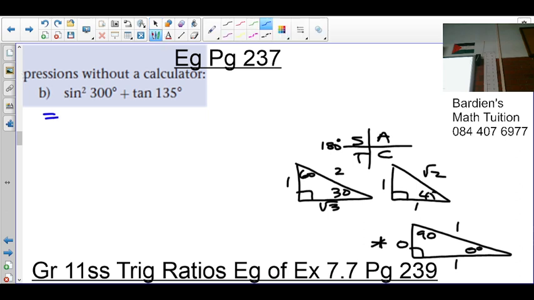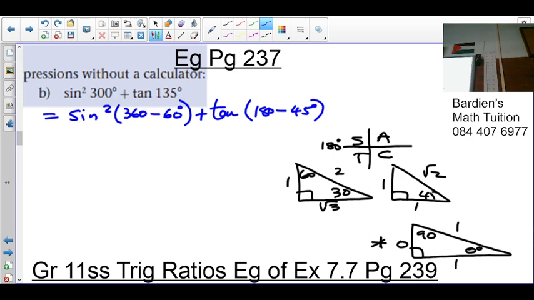How do we get in the fourth quadrant? 360 minus 60 degrees plus 315 is in which quadrant? 135, sorry. Second quadrant. How do we get into the second quadrant? 180 minus 45 degrees.